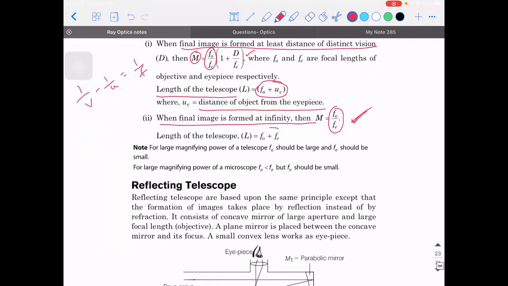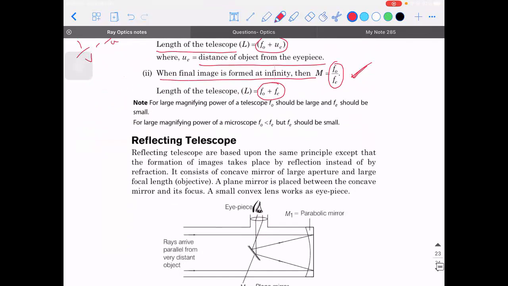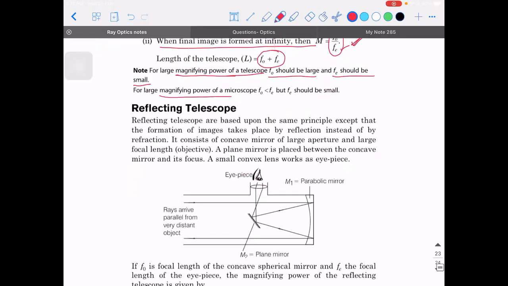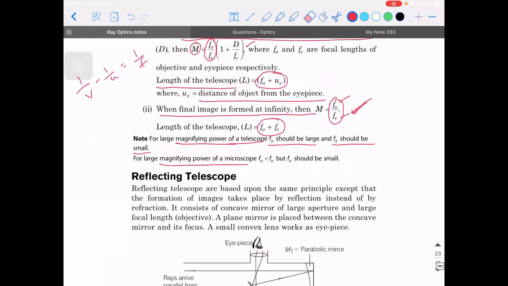In this case, the length of the telescope will be f naught plus fe. So for large magnifying power of a telescope, f naught should be large and fe should be small. The numerator should be large, the denominator should be small.